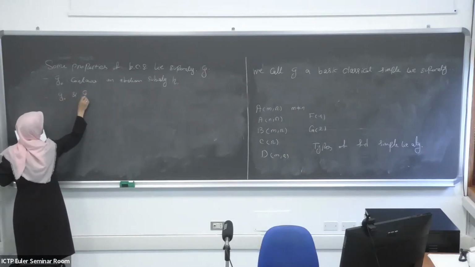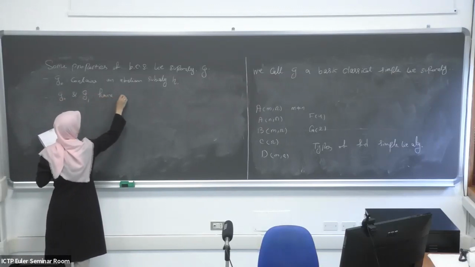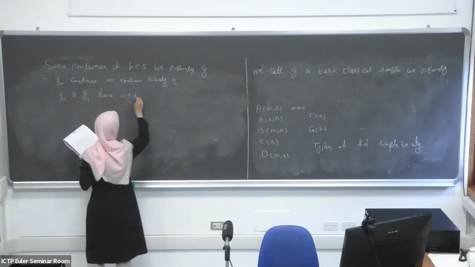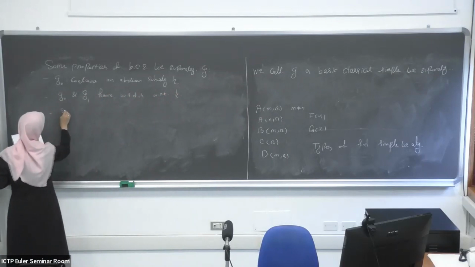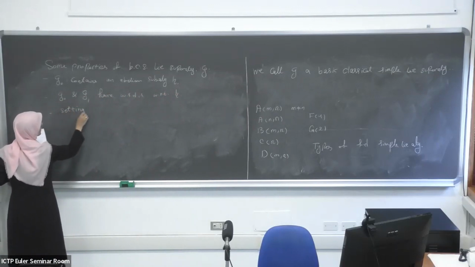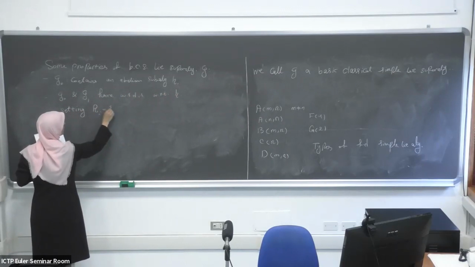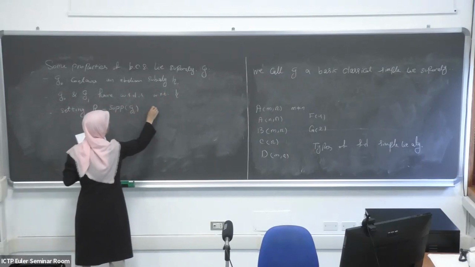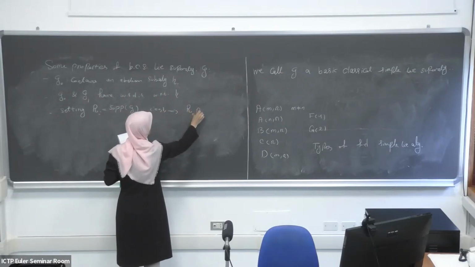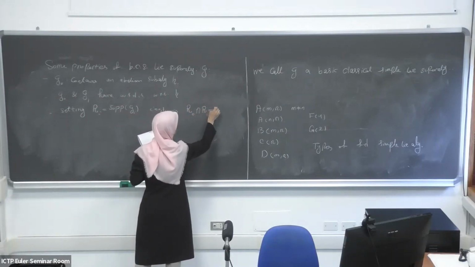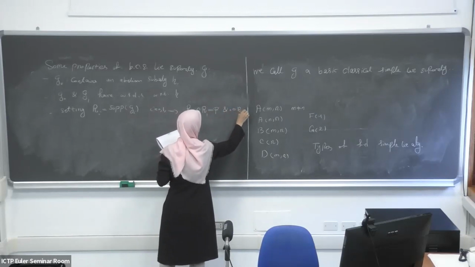G0 and G1 have weight space decompositions with respect to H. Setting Ri to be the support of Gi, we get that R0 intersection R1 is empty, and 0 is an element of R0.